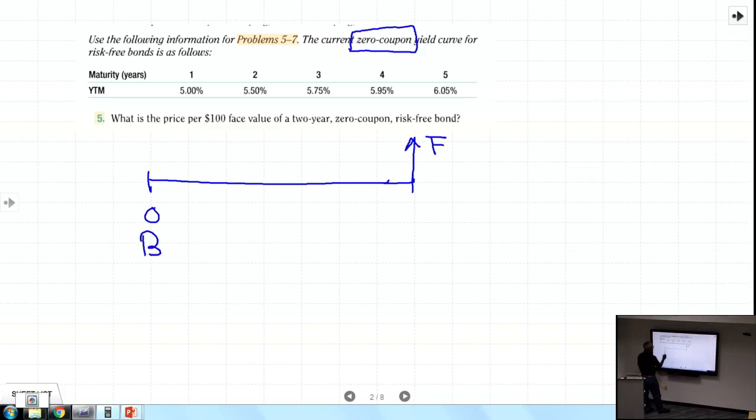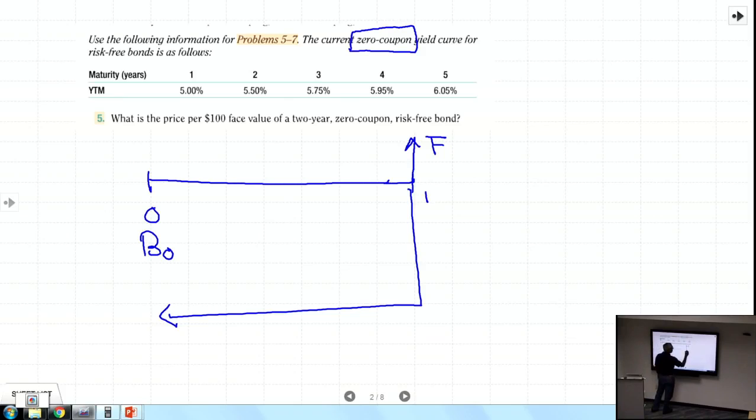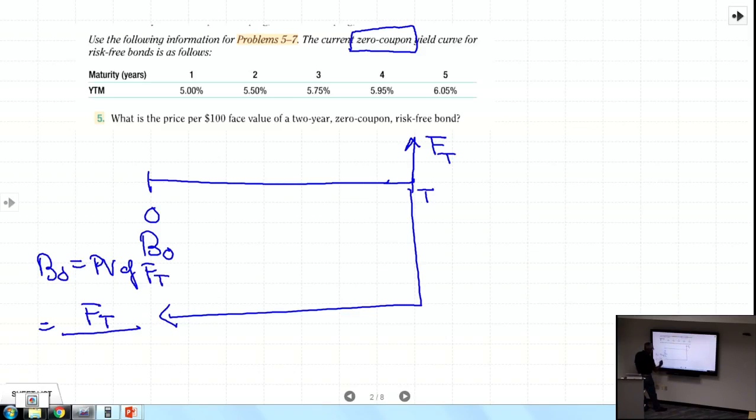So the price or value of this bond today is simply going to be the present value of F at time t, whatever time t is when the bond matures, T or N, whichever way you want to characterize it. So B0 would simply be the present value of Ft, the face value at maturity t, divided by 1 plus r to the power t. That will give us the price of the bond.